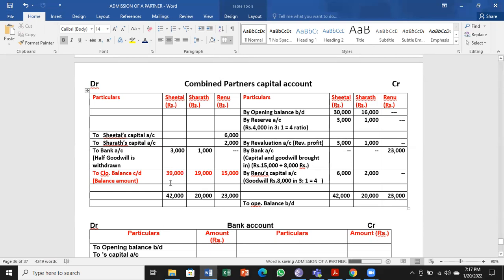So for Sheetal, 42,000 minus debit 3, that is 39. For Sharath, 20,000 minus 1,000, that is 19,000. That becomes closing balance carried down. This balance amount becomes opening balance for the next day. So two opening balance brought down 39, 19 and 15,000.